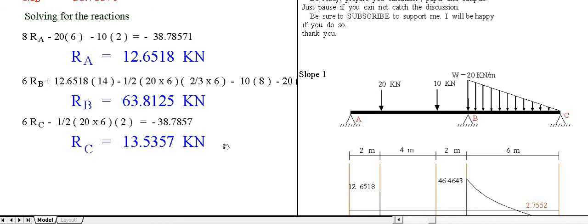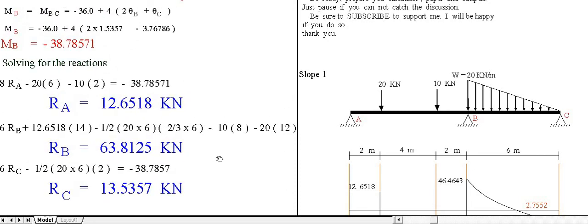Moment due to triangular load is 1/2 20 by 6 times 1/3 of 6 or 2. Then equate that to the moment here, minus 38.7857. Then RC, we have only one unknown. RC is 13.5357. Okay, we have now solved the three reactions and solved the moment.